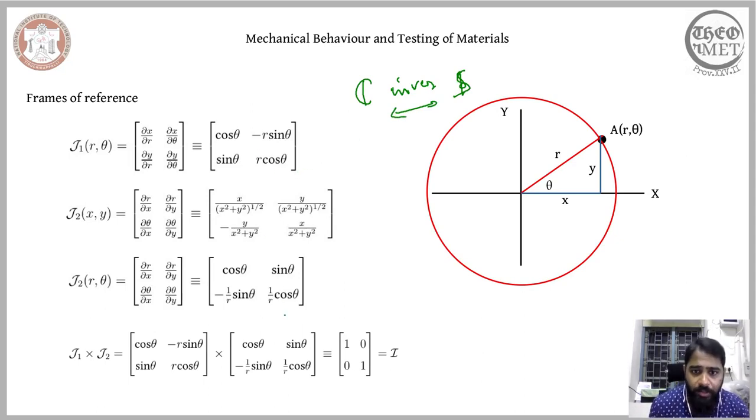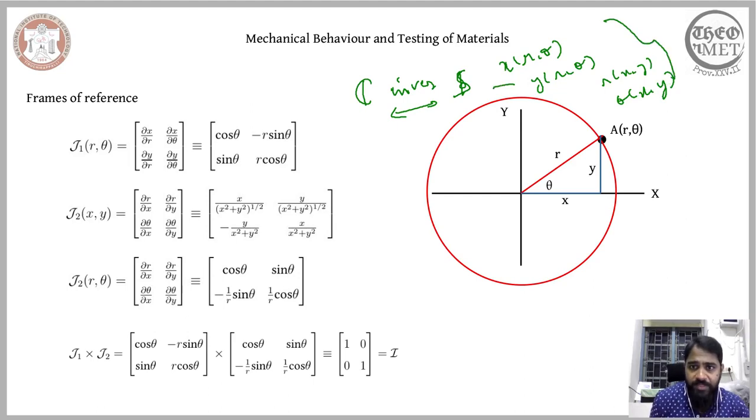We were able to prove this because we know the relation between x in terms of r and theta, y in terms of r and theta, r in terms of x and y, and theta in terms of x and y. These relations allowed us to prove the inverse relation between the Cartesian and the spherical coordinate systems.